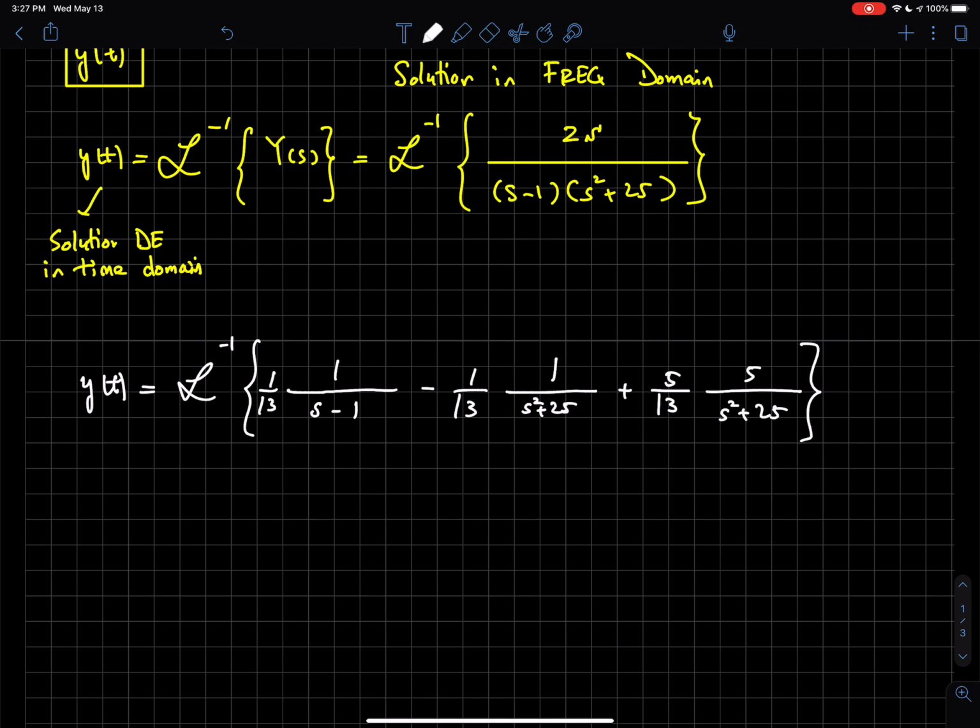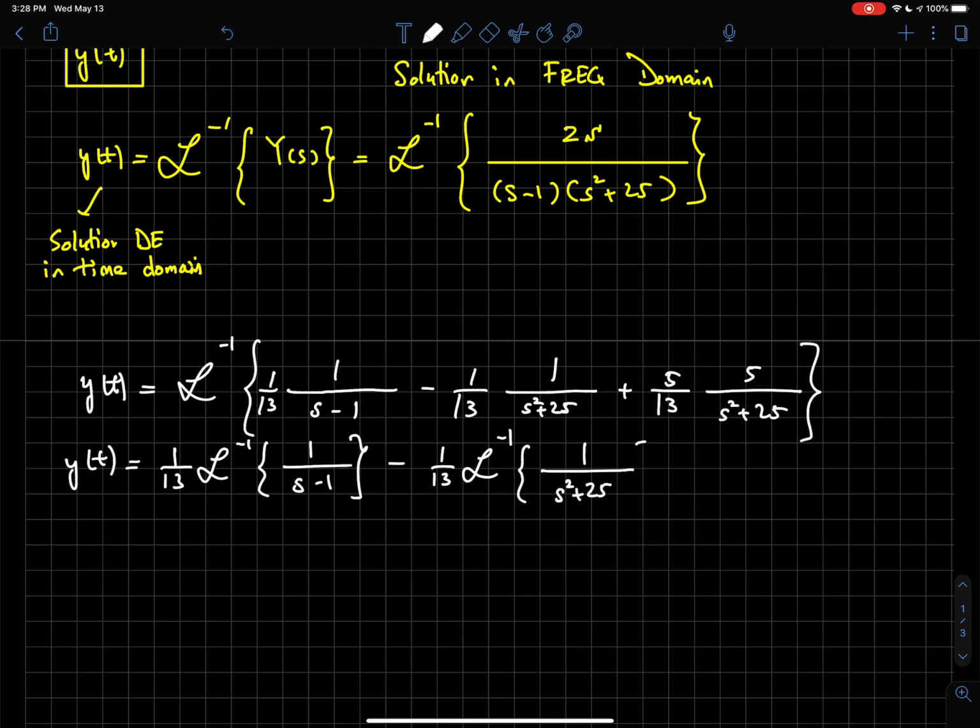So this is simply now y of t is equal to the Laplace inverse of, well, actually, let's just pull out the 1/13 because we all know Laplace inverse is a linear operator. So Laplace inverse of 1 over s minus 1, minus 1/13 Laplace inverse of s over s squared plus 25. Is that right?